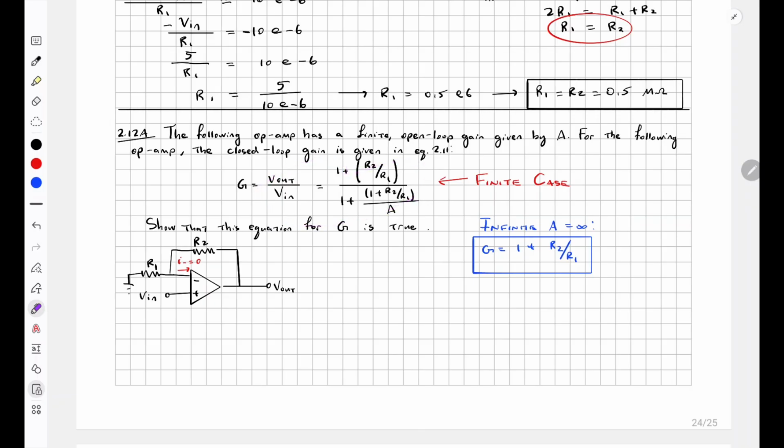In other words, it tells us that we have this op-amp circuit in the non-inverting configuration, where the op-amp has a finite value for A, and when you solve it, you get this equation for the closed loop gain, and it asks us to verify that this is true.